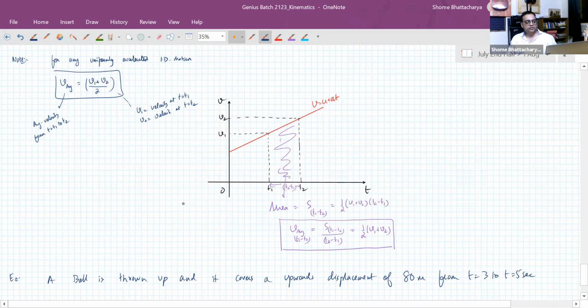Okay. So it is thrown up at t equal to 0 and covers a vertical, upward displacement of 80 meters from 3 to 5 seconds.